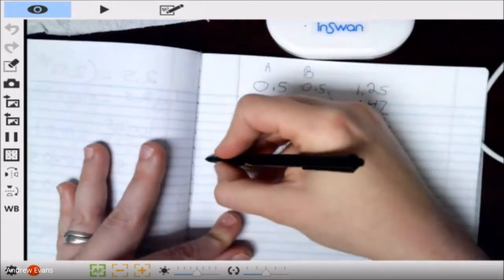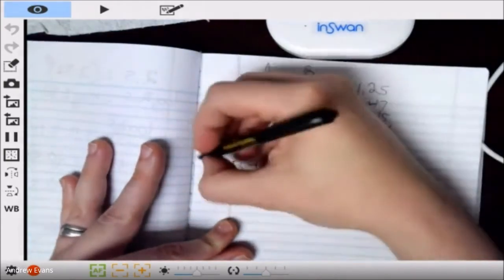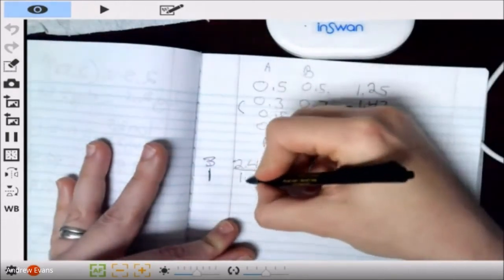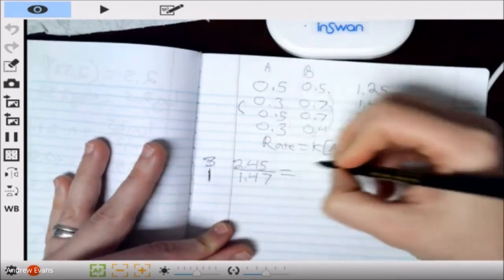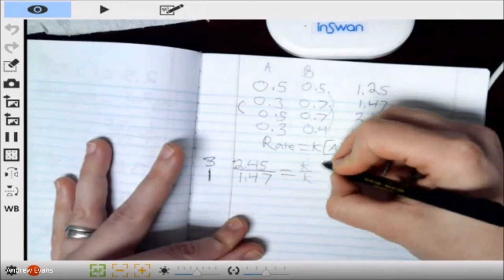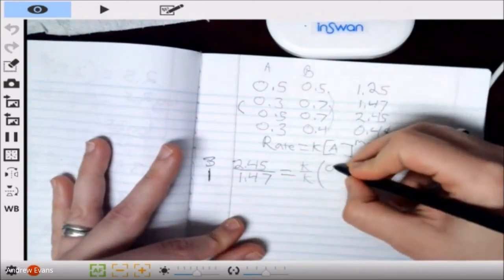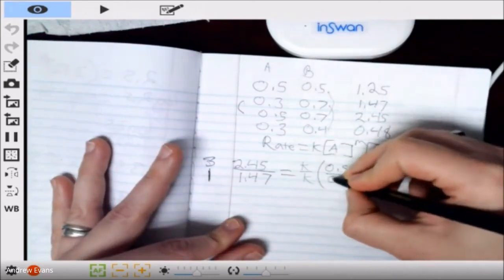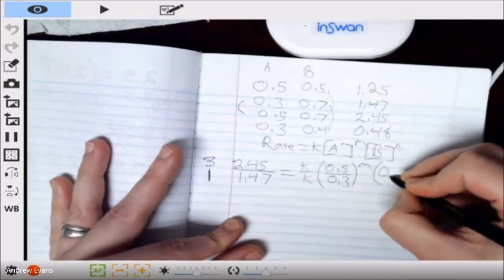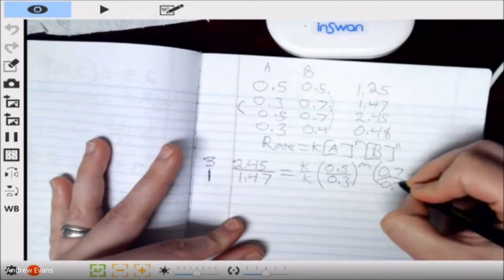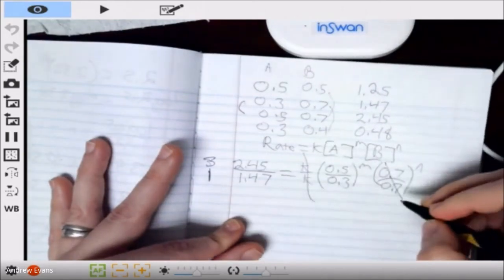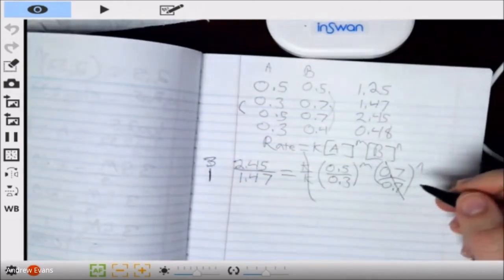If that's 3 and that's 1, 2.45 divided by 1.47 equals K over K, 0.5 over 0.3 to the M, 0.7 over 0.7 to the N. K's cancel, B's cancel.